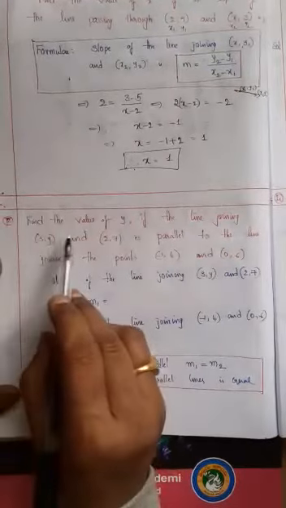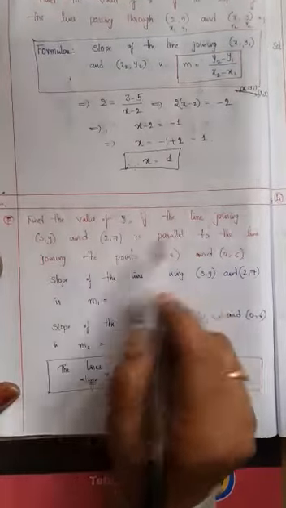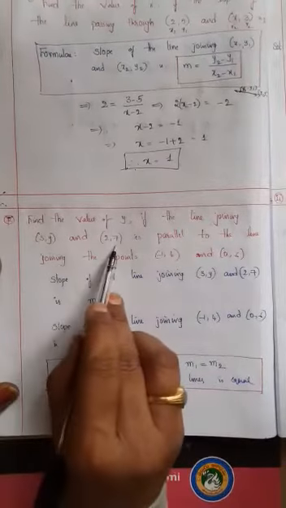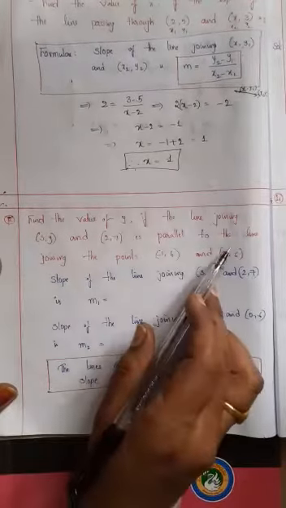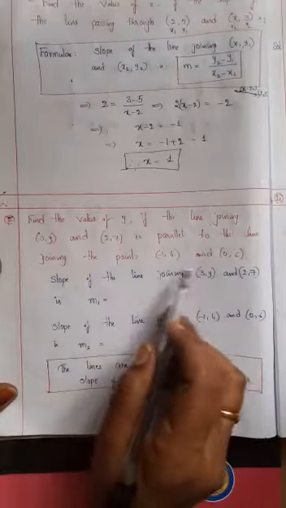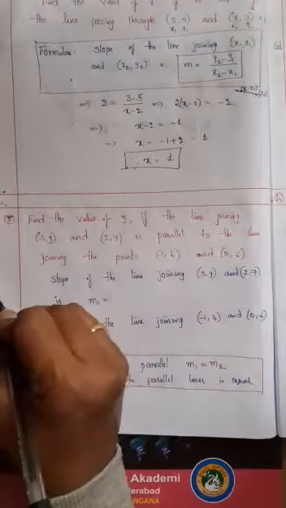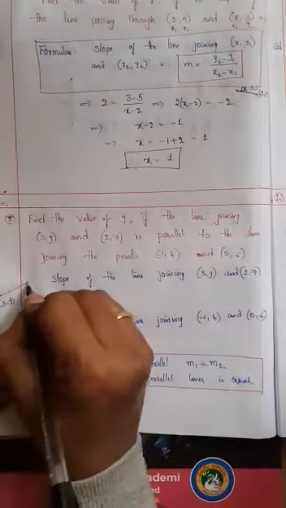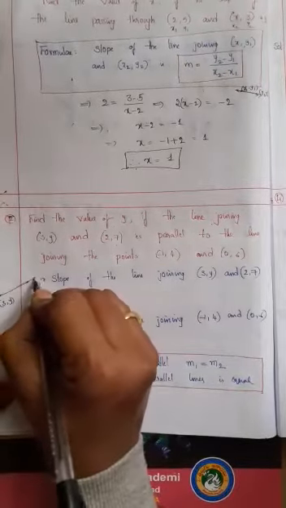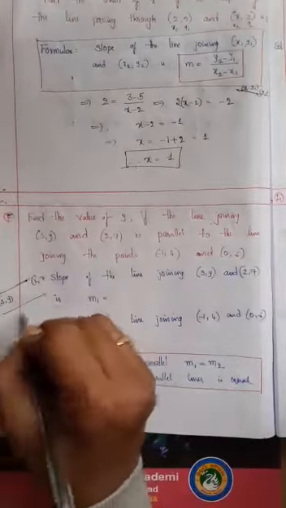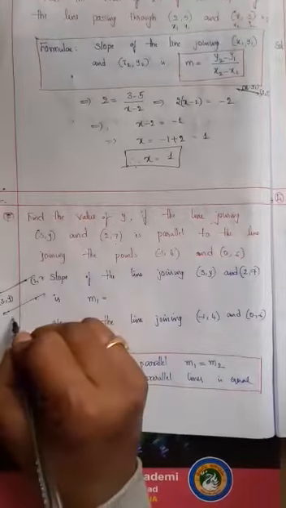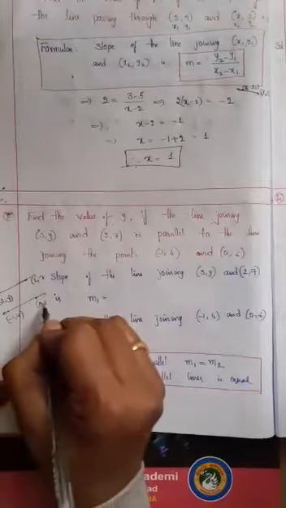See the next question. Find the value of y if the line joining (3, y) and (2, 7) is parallel to the line joining these 2 points. That means the line joining (3, y) and (2, 7) is parallel to the line joining (0, 6) and the other point.